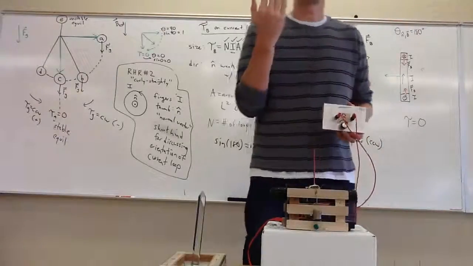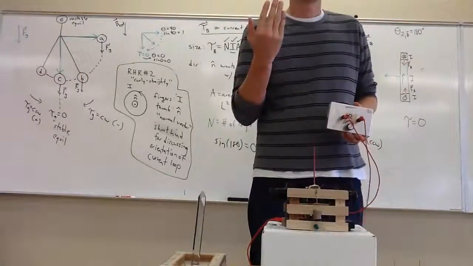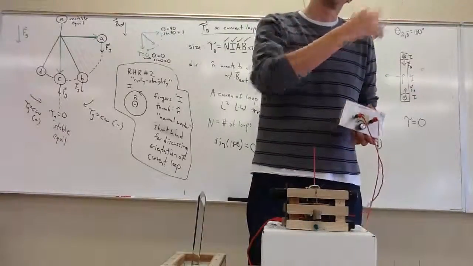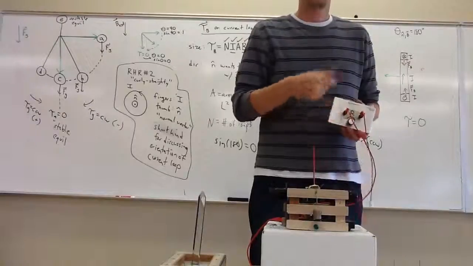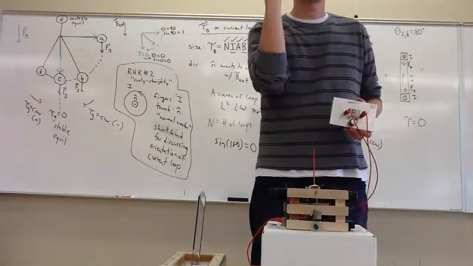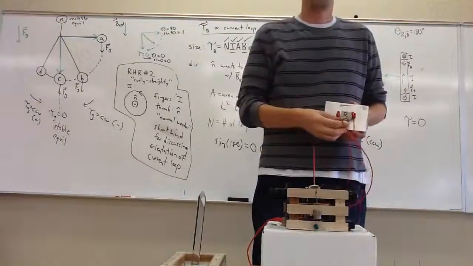And of course, the more current I send through, the stronger the magnetic torque becomes, and the more the needle can rotate. And if I take the current down or even off, then the spring wins and brings it back like this, okay?